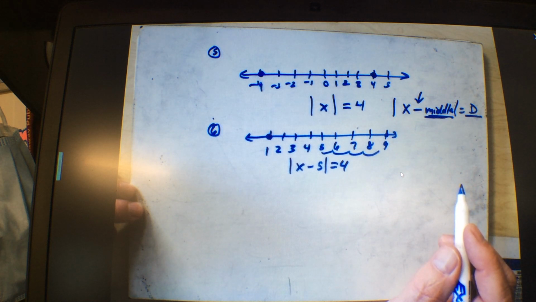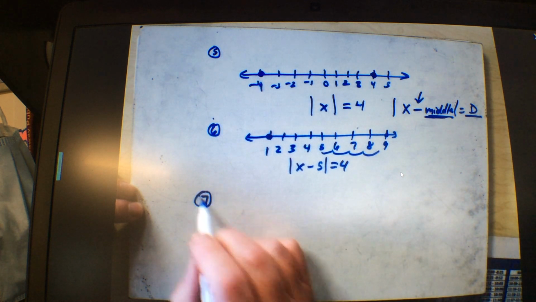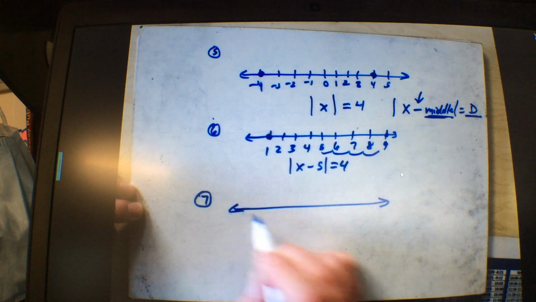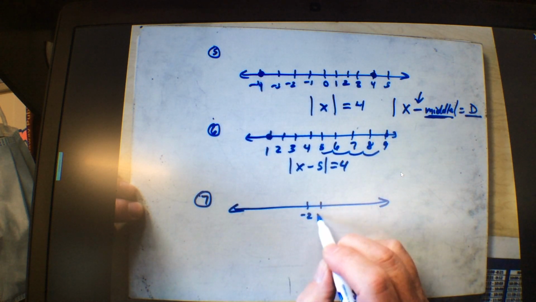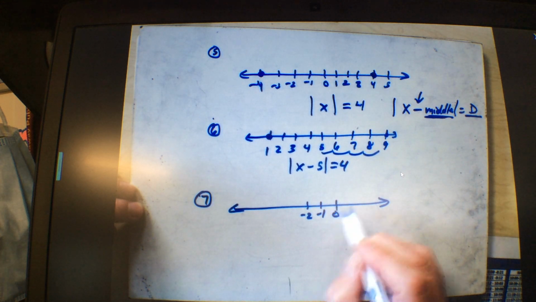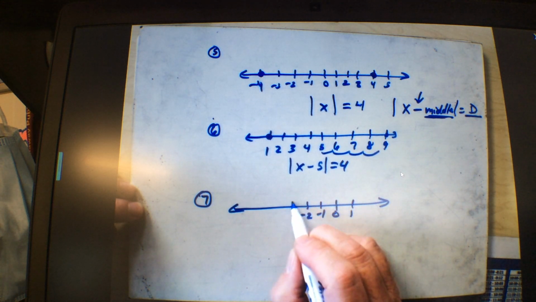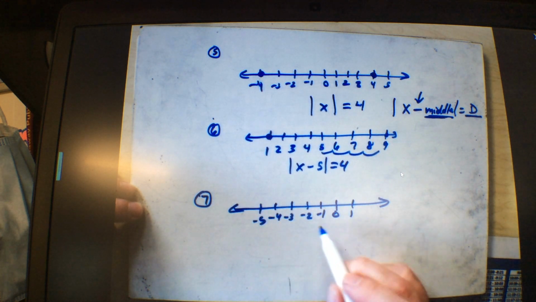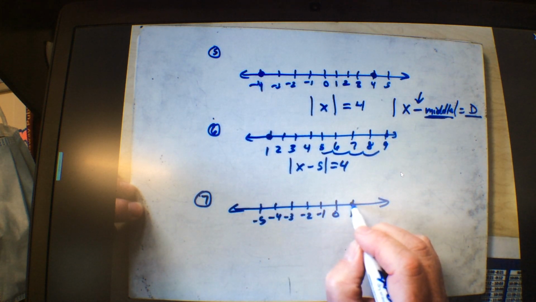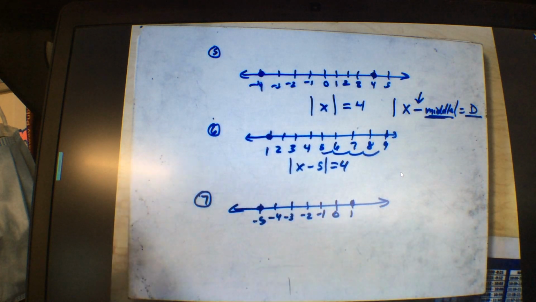Do you understand that? Now, when it's on the negative side, it's a little ugly. Let's say a -2 is in the middle, right? So we have -1, 0, 1. Let's just go -3, -4, -5. Let's say a -2 is in the middle, and I have 1 graphed, and I have a -5 graphed. We good? Go ahead and get that.